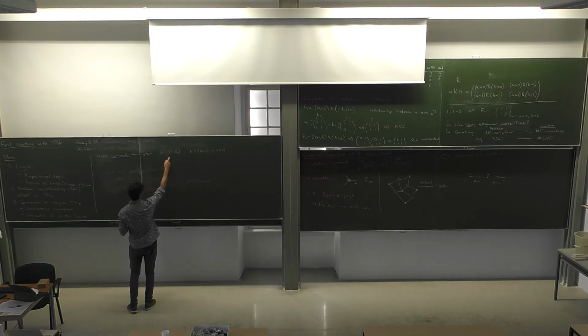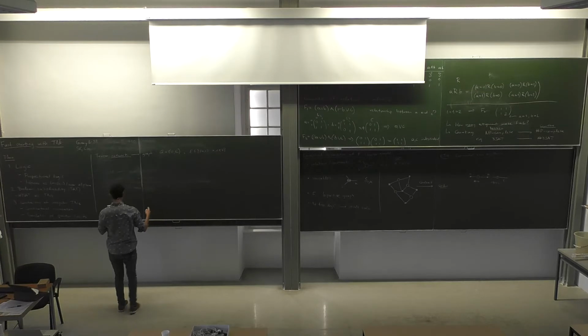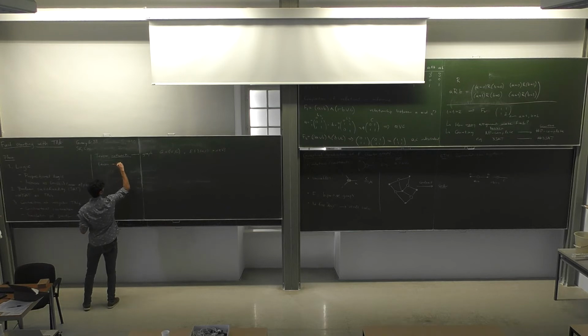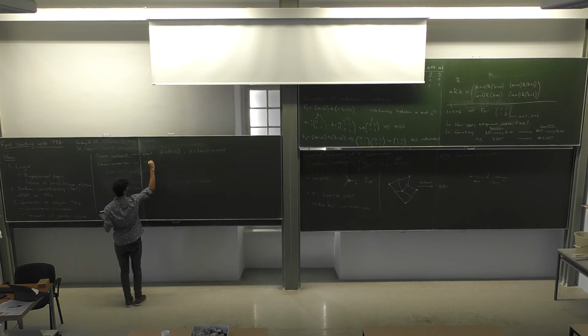In fact, for any tensor network, we can have any graph, but in our case, we'll have bipartite graphs also. So tensor contraction in the graphical language is just represented as a vertex contraction.